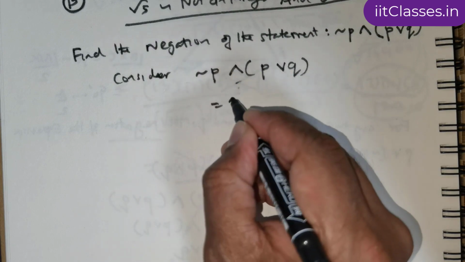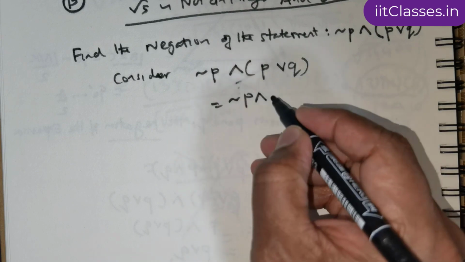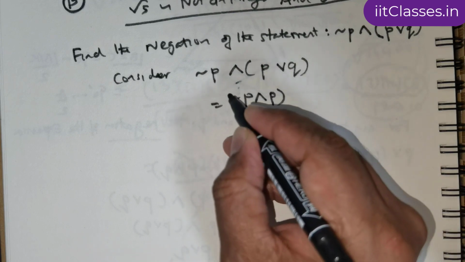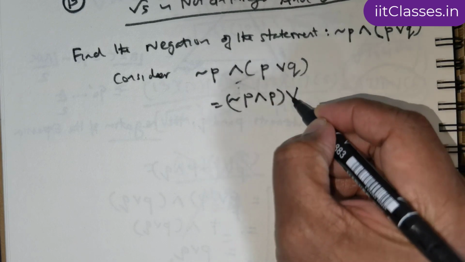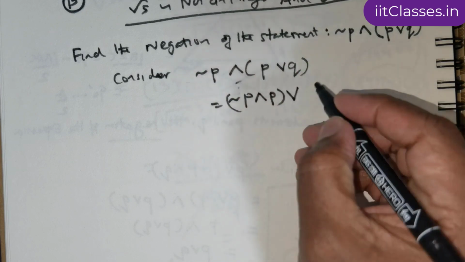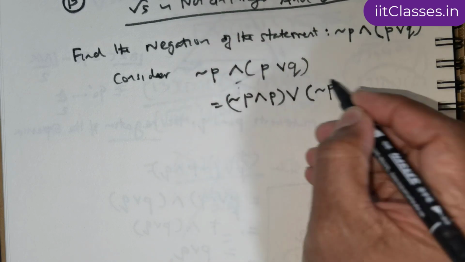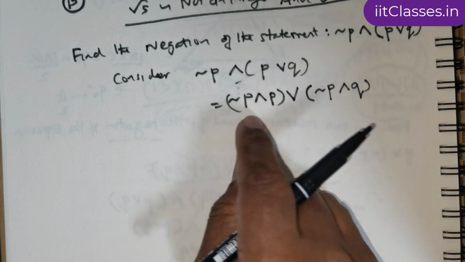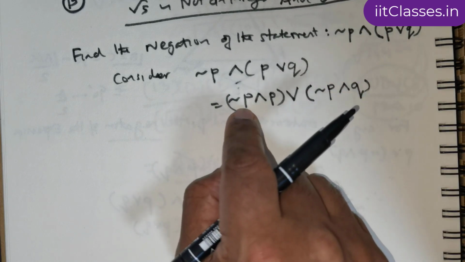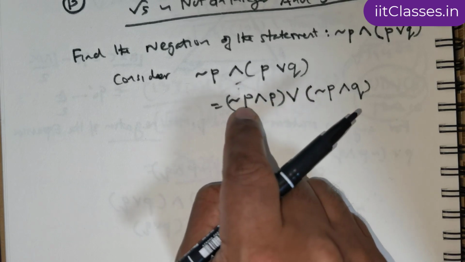So that would give us negation of P with the conjunction of P with P followed by disjunction, and then we are applying negation of P conjunction Q. Now this is actually P intersecting with its complement.